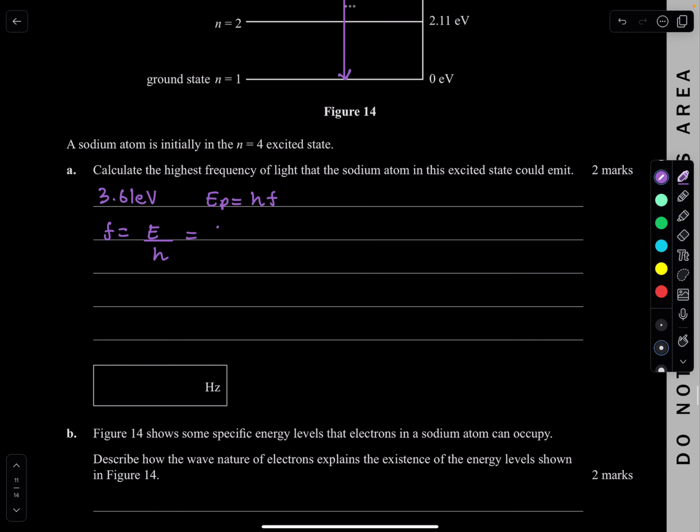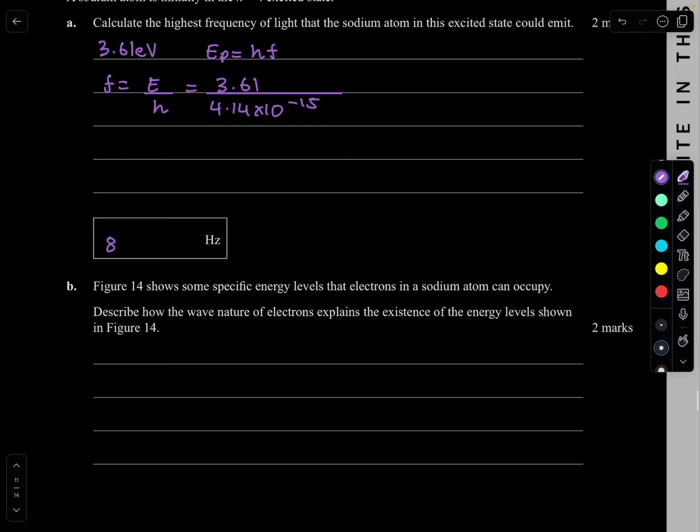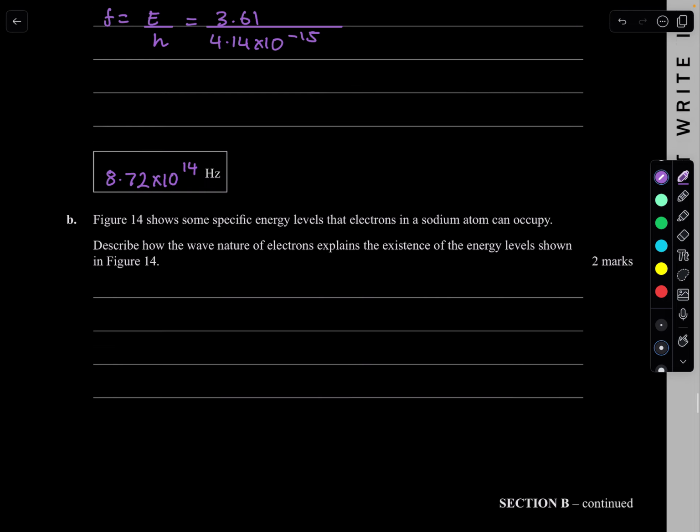It was 3.61, divided by h, which is 4.14 times 10 to the negative 15. Let's check that. 3.61 divided by 4.14 times 10 to the negative 15 gives me, to three significant figures, 8.72 times 10 to the power of 14 hertz. Beautiful. That looks good.